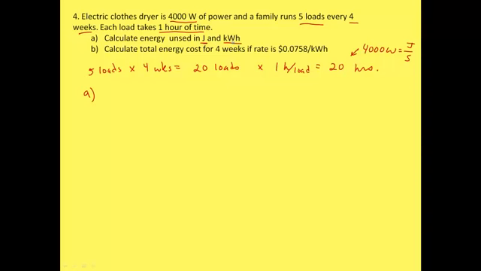Okay, we've got watts and we've got hours. Can we calculate kilowatt hours? Okay, so if we have 4,000 watts, which is equal to 4 kilowatts, now we take that and multiply by the 20 hours equals 80 kilowatt hours. So that's a simple solution.